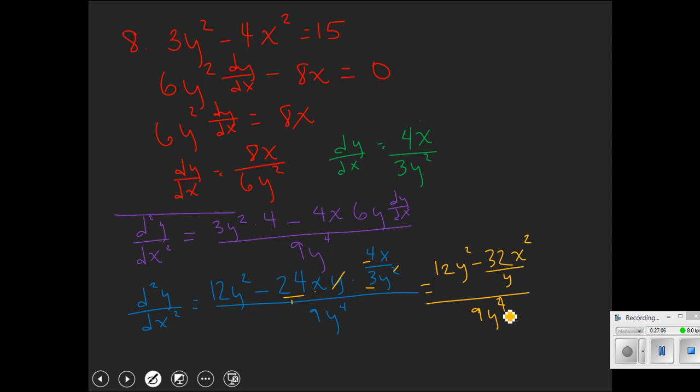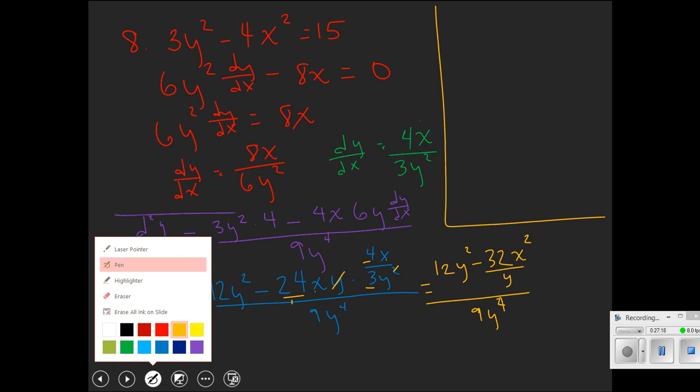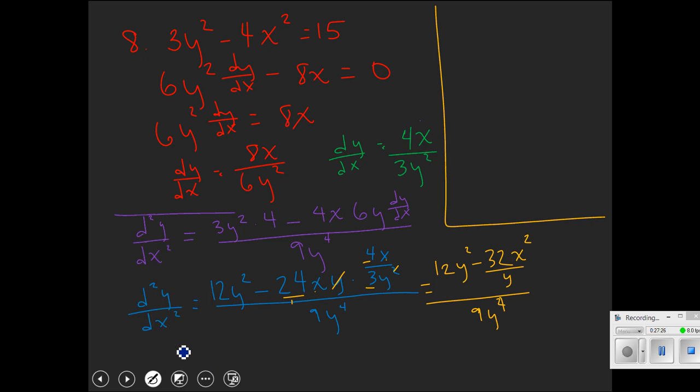You could cancel it out more. I'm trying to think of how to do this since I don't have space. I wonder if I could write up here if that would be okay. I just want to make sure that you see all of the simplification that you could do. So let's say that we use this color, and I want to combine the things in the numerator.